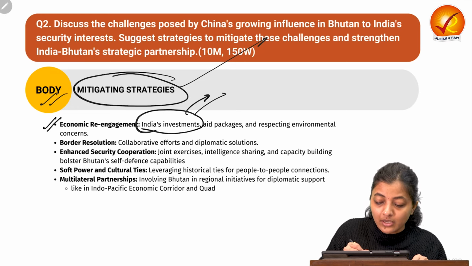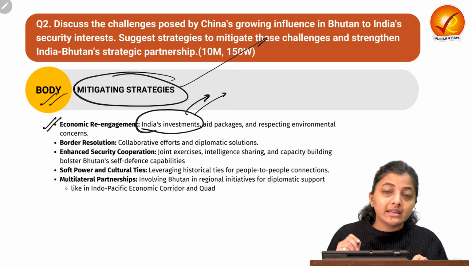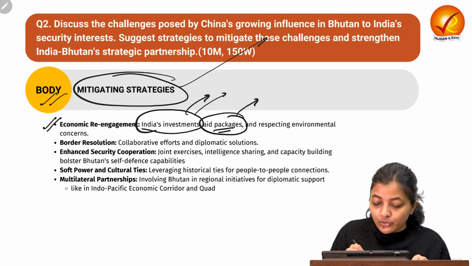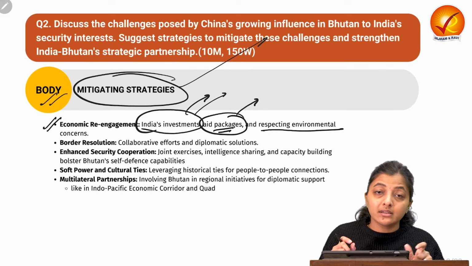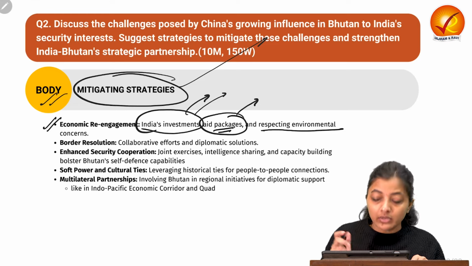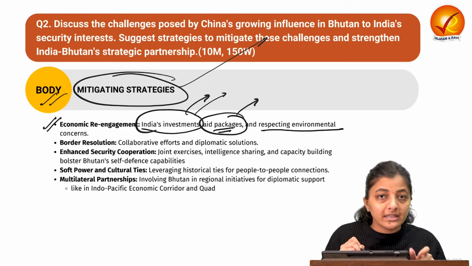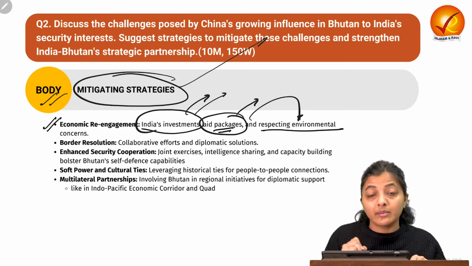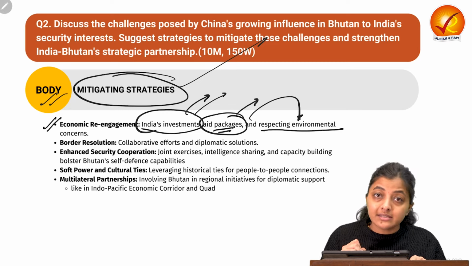So India now should take a re-stand to increase its investment in Bhutan. Then India should also look towards aid packages, because Bhutan is in an eco-fragile zone in the Himalayas. So India should also foster relations with respect to infrastructural development, taking this environmental sensitivity into consideration.